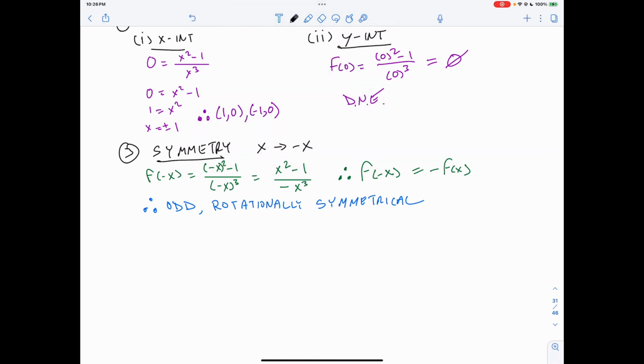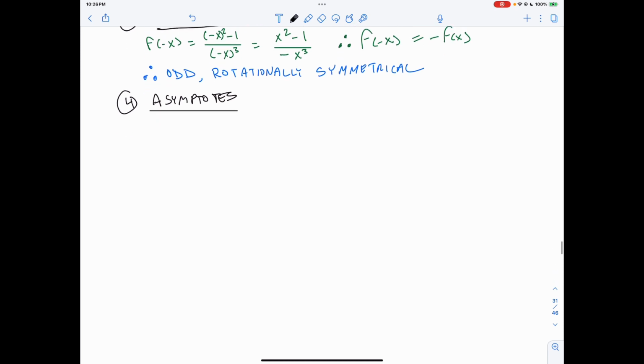Step 4, the asymptotes. So we need to look for vertical asymptotes. We need to look for horizontal asymptotes.